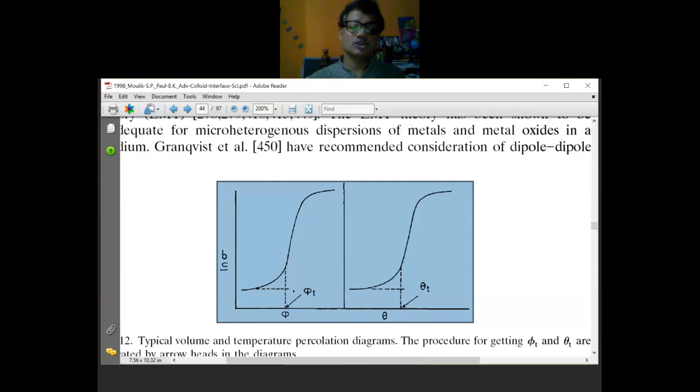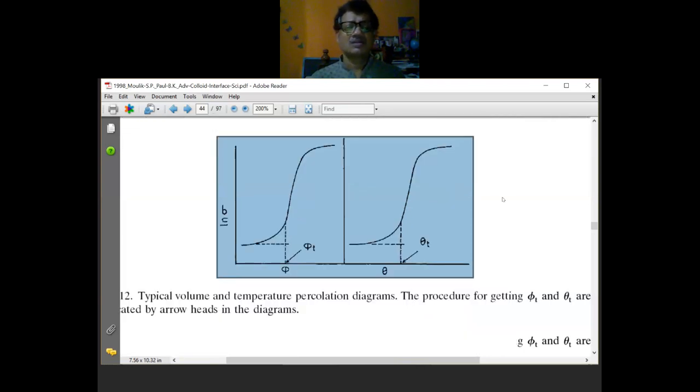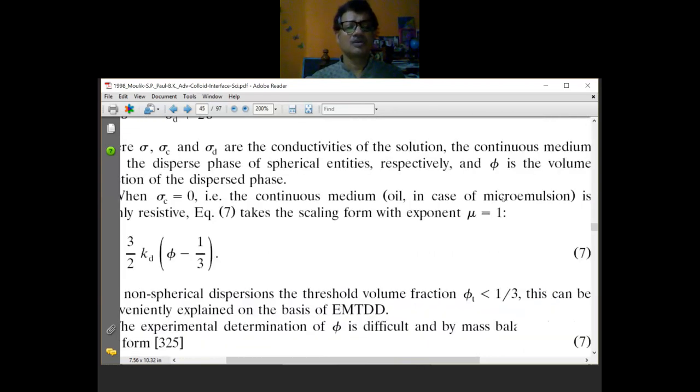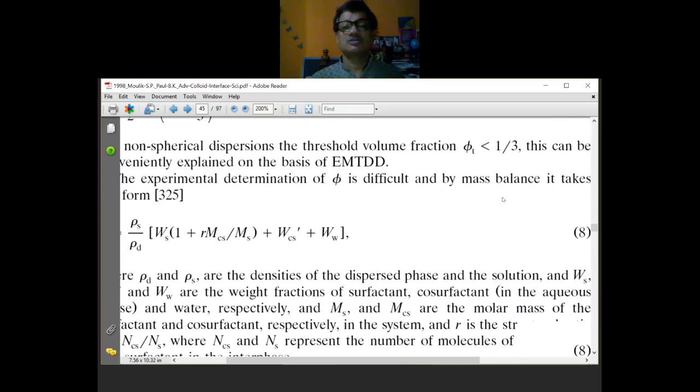So you get the threshold volume fraction and the threshold temperature, beyond which there would be a manifold increase in the electrical conductivity, and you see it is in the logarithmic scale. And using that, so many parameters can be calculated. I am not discussing that. So these are some characteristics of the microemulsions.